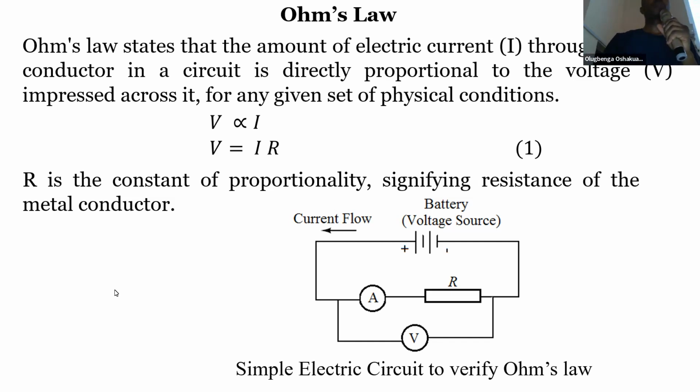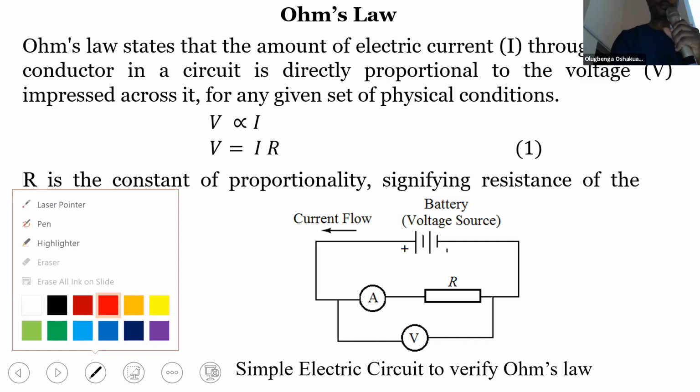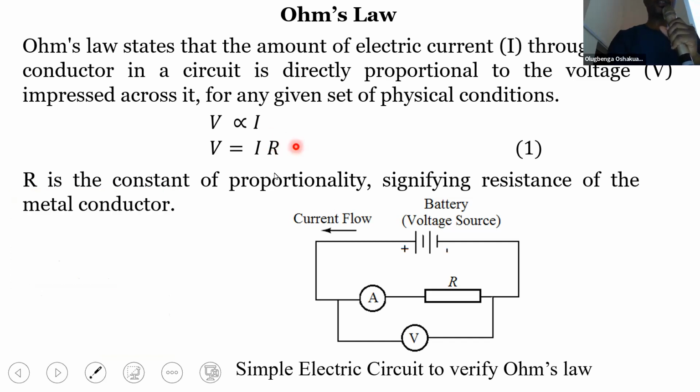So that is saying that voltage V is directly proportional to current flow I, and then bringing in a constant of proportionality, which is the resistance. The resistance is fixed for a given set of physical conditions.